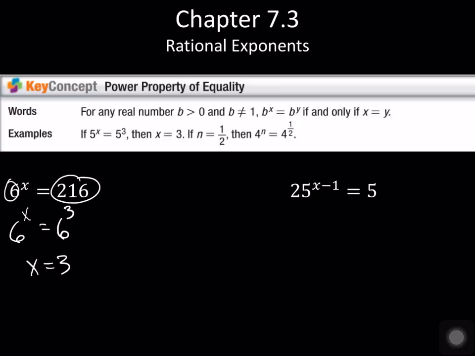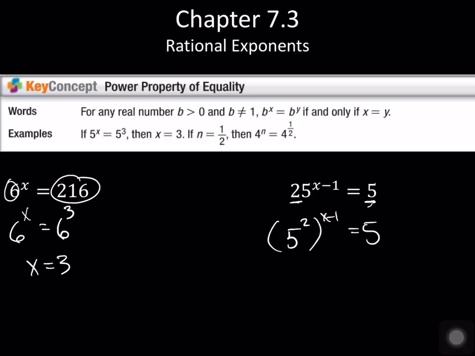So if I'm looking at this other example over here, I need the 5 and the 25 to be the same base. It makes sense that 25 can be rewritten as 5 squared. But now 5 squared is being raised to the x minus 1 power. So notice the power to a power that's happening over here.